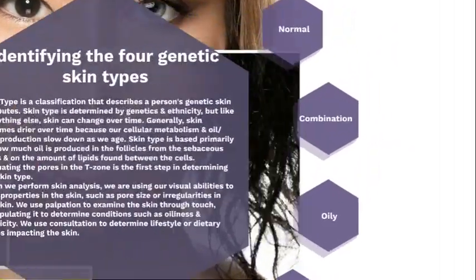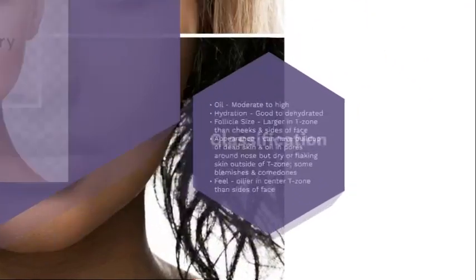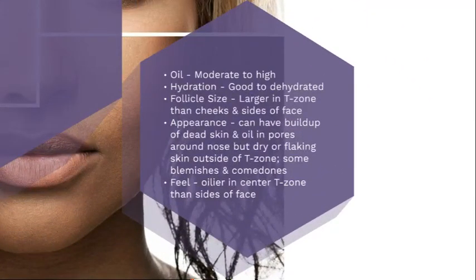Next, we have combination. So, combination skin type is going to have a moderate to high oil. The hydration is going to be good to dehydrated in some areas, of course. Your follicle size, you're going to see larger on the T zone and then smaller or almost not visible on your cheeks and the side of the face.